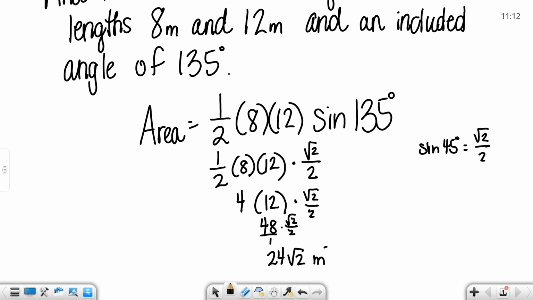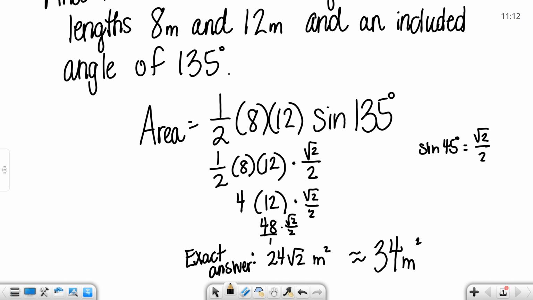And these would be meters squared. Now, if it asked you for an exact answer, this is what we give. 24 square root of 2 meters squared. Now, if it asked me for a decimal, I could actually do the decimal. And if I do the decimal and then round to the nearest whole meter, it would be 34 meters squared.